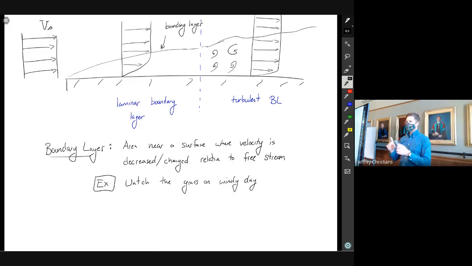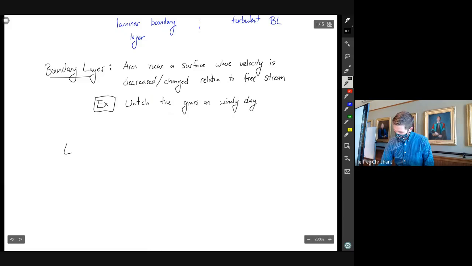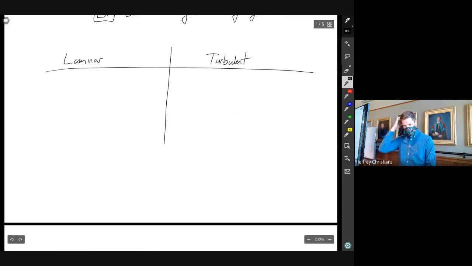There are some key differences in the fundamental physics of what's happening in a laminar versus a turbulent boundary layer, though. So let's make a table of some of the comparisons between these two. In a laminar and a turbulent boundary layer. So in a laminar boundary layer, the velocity is really dictated by momentum diffusion.